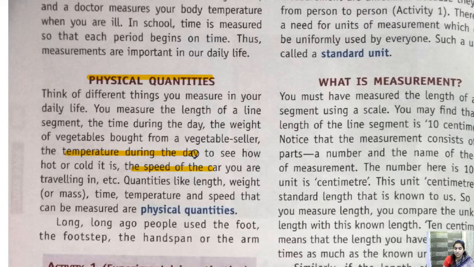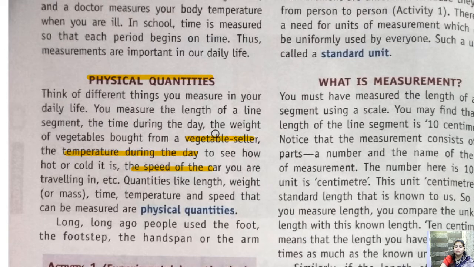Similarly, when you go to the market to purchase vegetables, the vegetable seller also gives you a fixed quantity. We want 1 kilo potatoes, we want 1 kilo tomatoes. When you go to the market with your parents, they ask, give us 1 kilo potatoes, half a kilo tomatoes. So what are these?